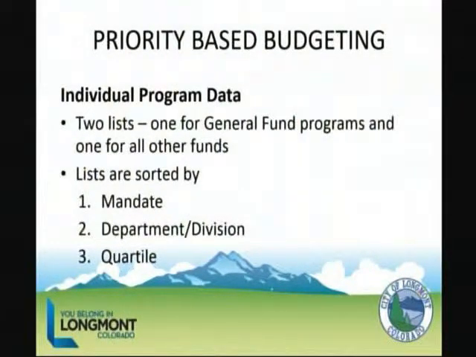Within mandate 4, we have them sorted by department and division, alphabetically, beginning with finance dash accounting. From there, we go to the quartile group, and we show the programs from the highest quartile to the lowest quartile. So in finance and accounting, we have 3 programs shown there, one in quartile 3, one in quartile 2, one in quartile 1.